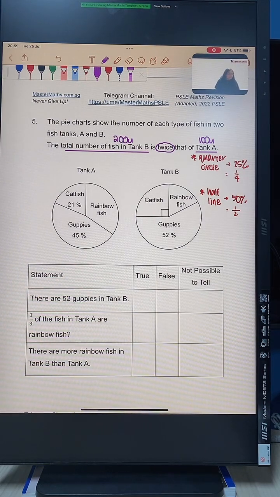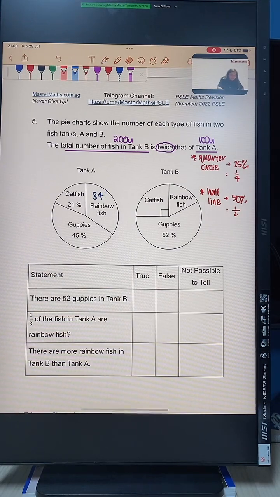Okay, let's take a look at the first statement. There are 52 guppies in tank B. What do you guys think? In fact, before you look at the statements, are we able to write in all the percentages? Can you all tell me what you got for these rainbow fish in tank A? How many percent is this? Do we remember how to look for this? We have 100% in total, 21% catfish, 45% guppies. Rainbow will be 34%.